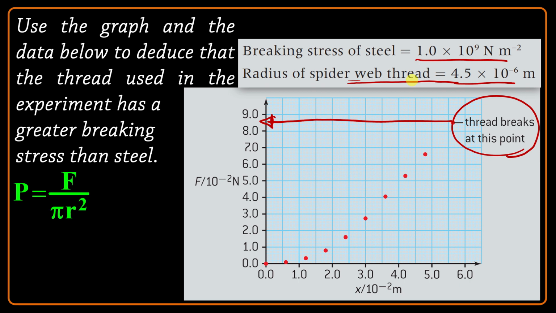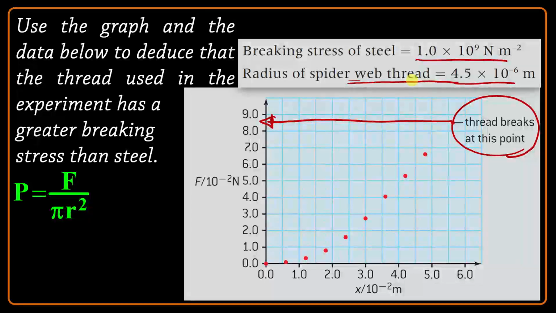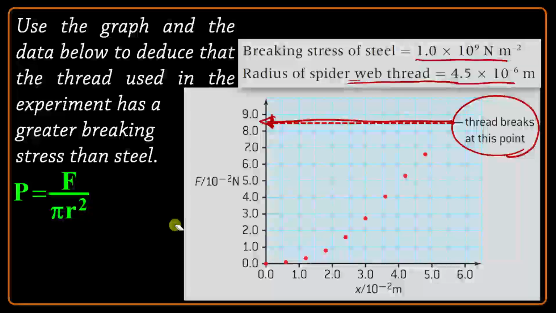Okay, let's do it. Based on the definition, the stress will be force over area, and as you know, the area of a circle, if the radius is r, will be pi r squared. So I've substituted the area for pi r squared. Then I put the values.